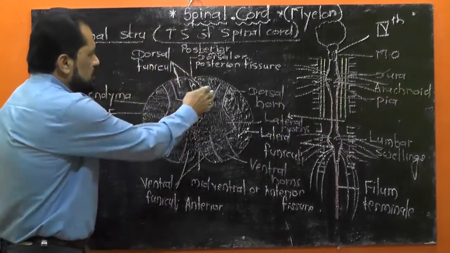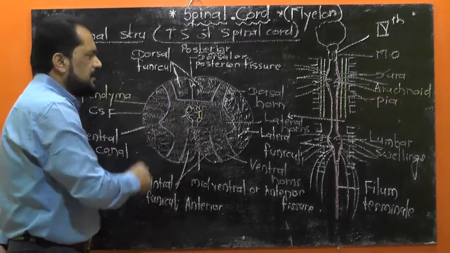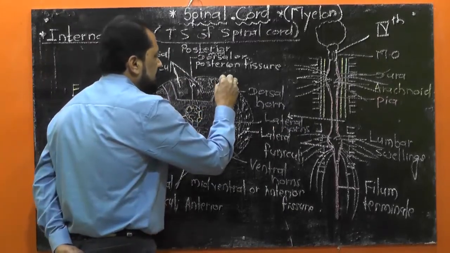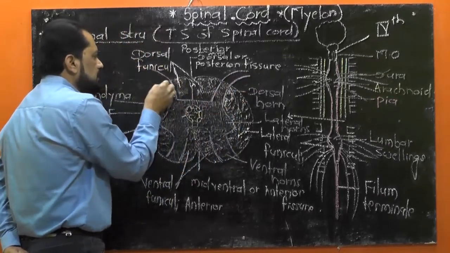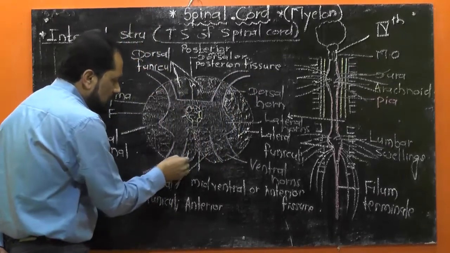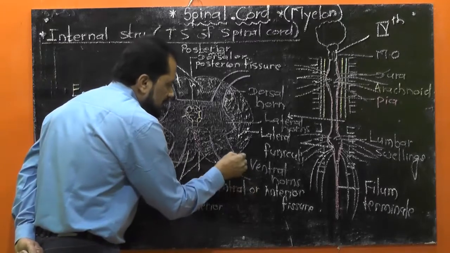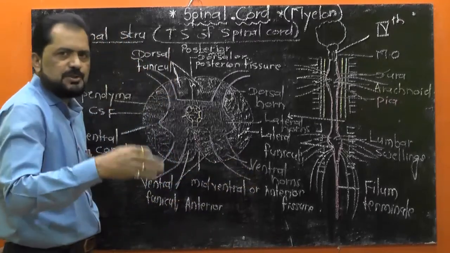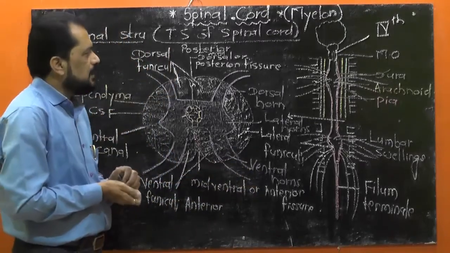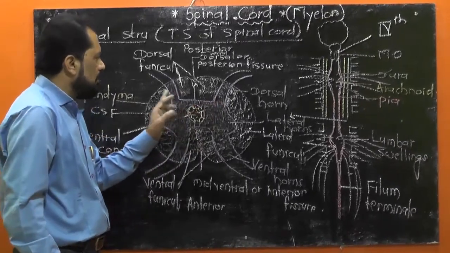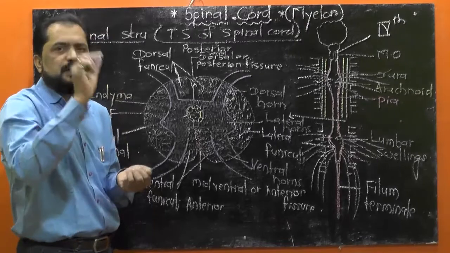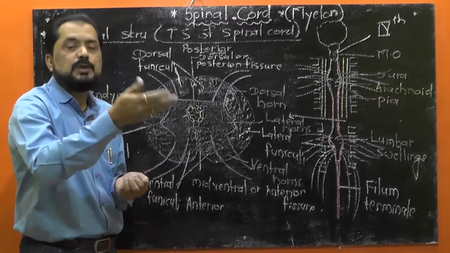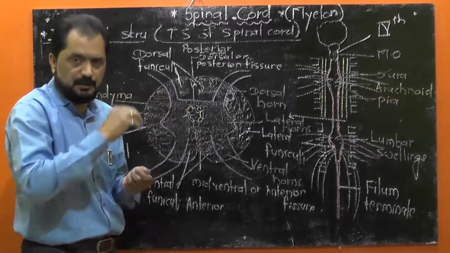Actually, these dorsal horns and ventral horns extend in the form of dorsal root and ventral root of spinal nerve, about which we shall discuss later on. परंतु या ठिकाणी डॉर्सल हॉर्न्स पासून आणि वेंट्रल हॉर्न्स पासून जे एक्सटेन्शन बाहेर पडतात ते पुढे जाऊन स्पाइनल नर्व तयार करत असतात.